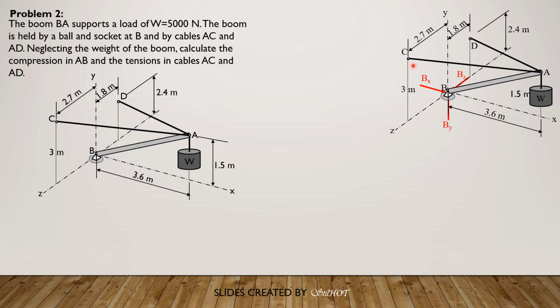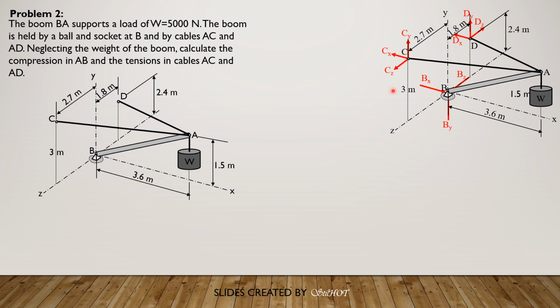Then the components of tension at C. Those are Cx, Cy, and Cz. These are the components of the tension in AC. Then at D also, we have Dx, Dy, and Dz. First, we sum up moments about the BZ axis equals 0, applying the right thumb rule, and take note that points C, D, and B lie on one plane, and that is the YZ plane.